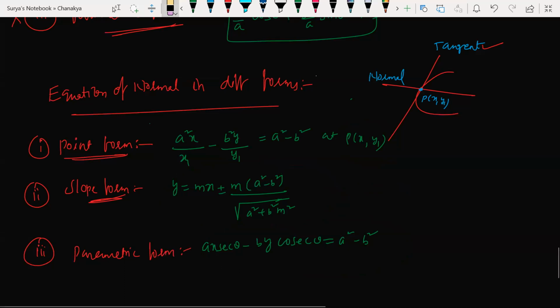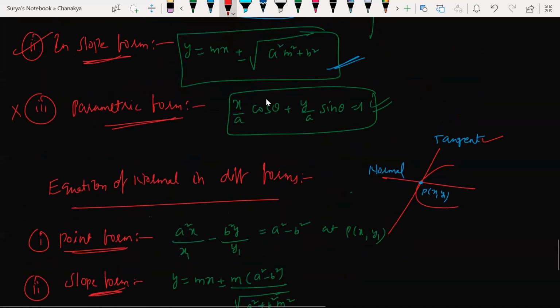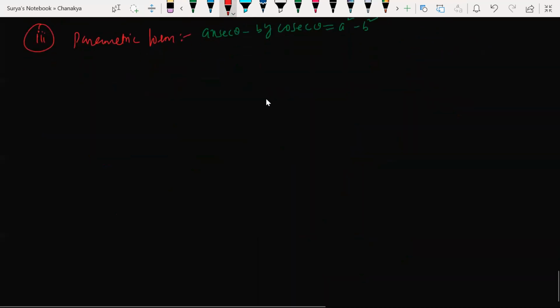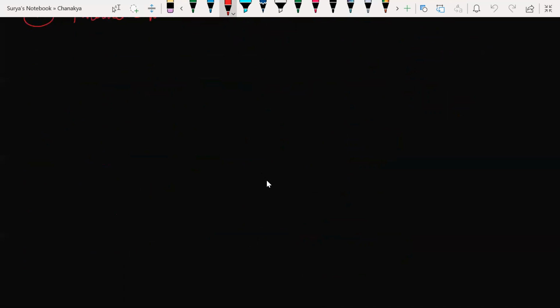Very simple. So what we learned: equation of the tangent in different forms, equation of the normal in different forms. So we'll see the questions now. Very simple questions.